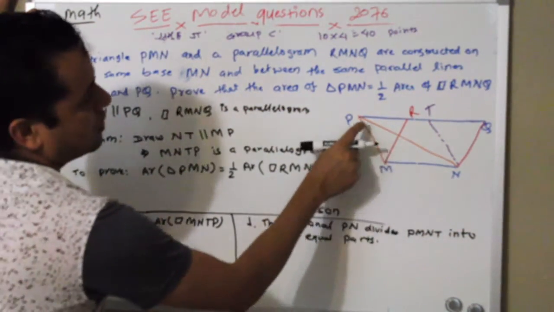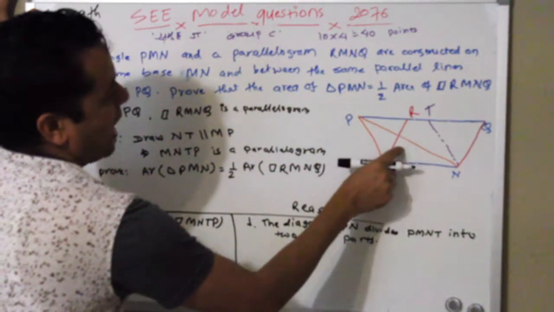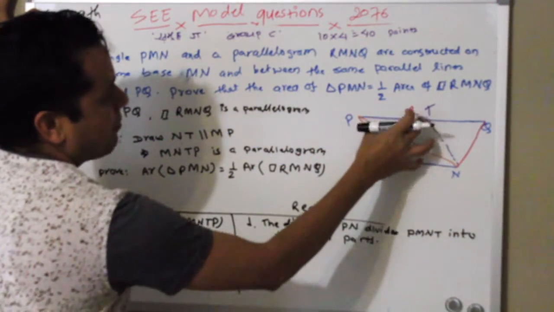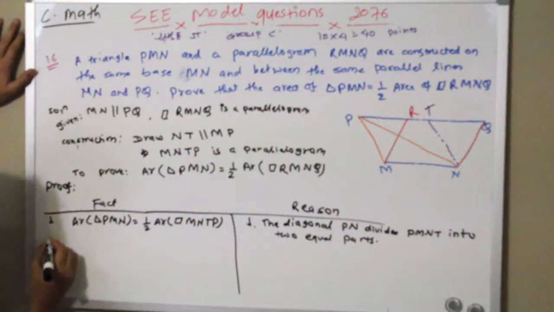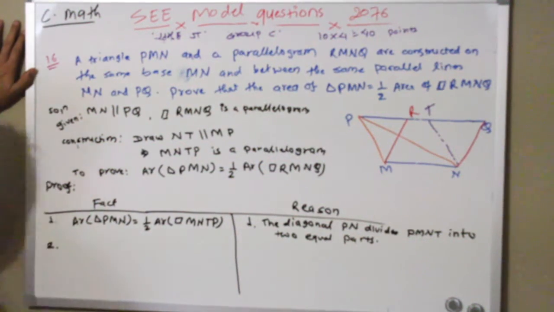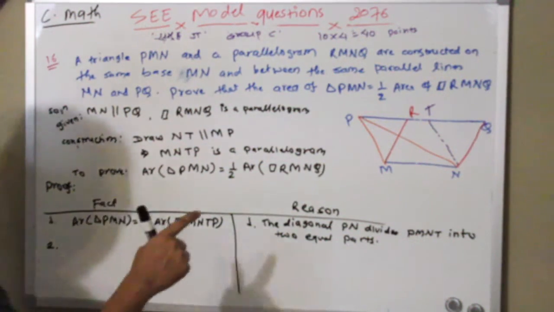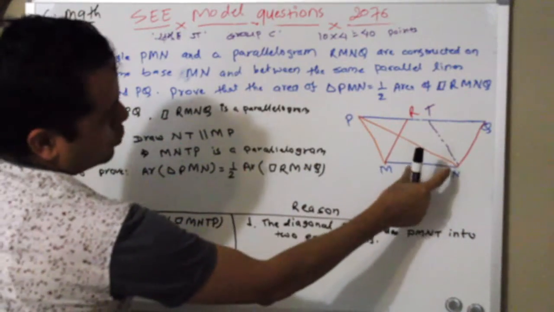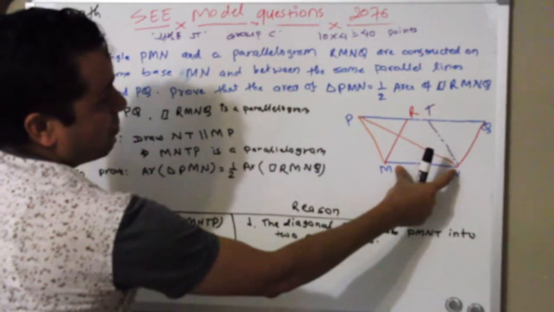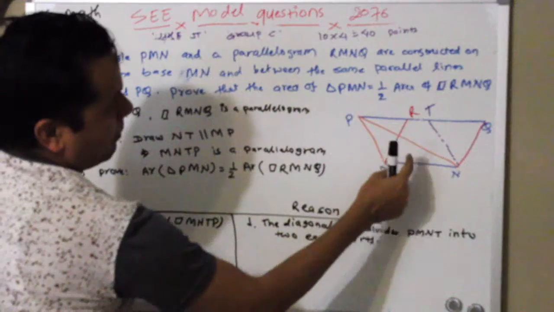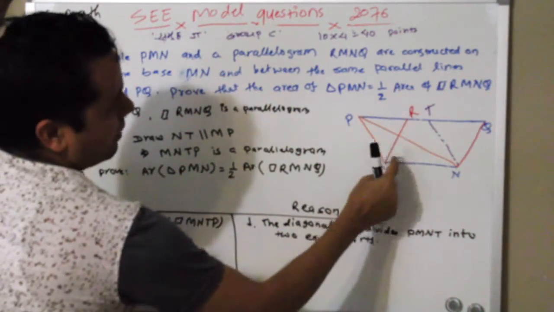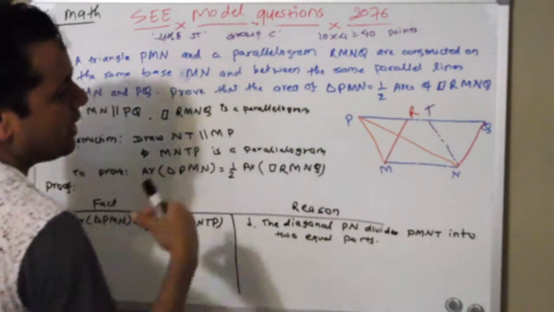So this diagonal divides it into two equal parts, half here, which means this is half of the whole thing. Number two, what do you know by the theorem? We have two parallelograms standing on the same base, PMNT and RMNQ, and their areas must be equal.